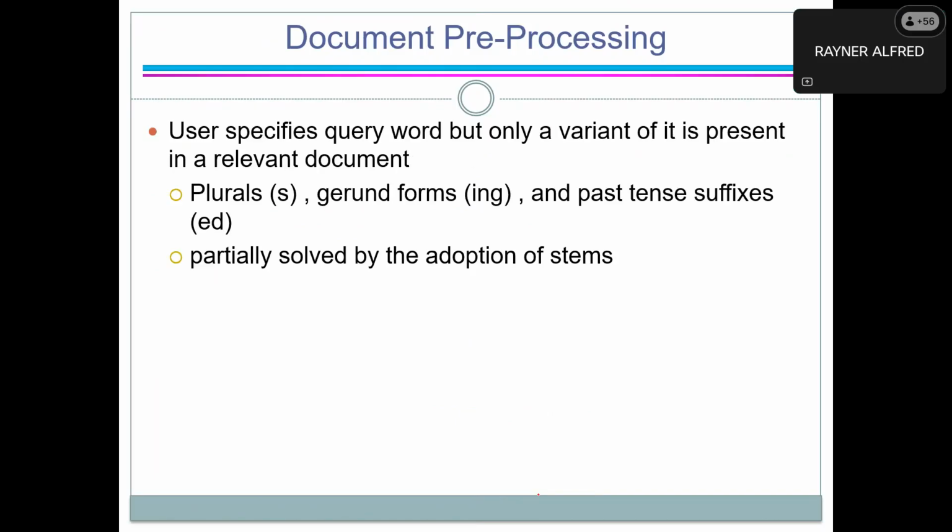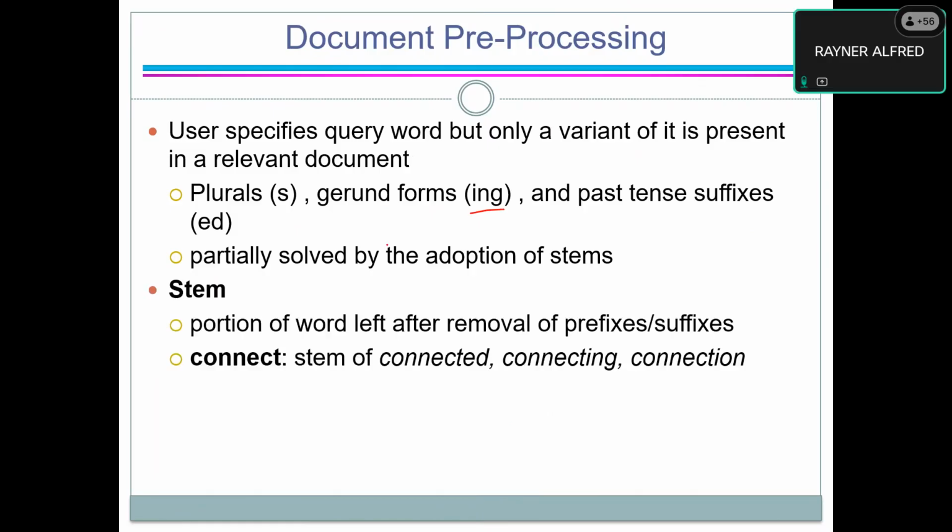Okay, we also need to remove the plural S, and remove the ing and so on. This is what we call stemming. We want to only get the root word so that we can reduce the number of terms in our vocabulary.